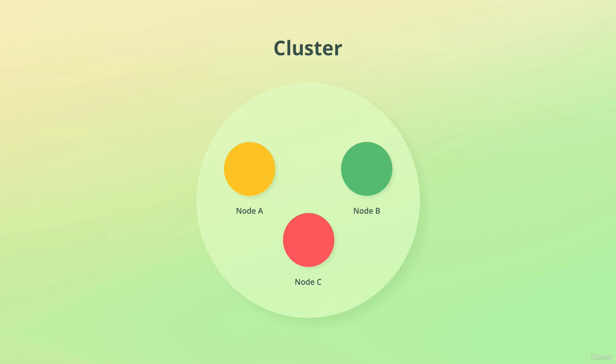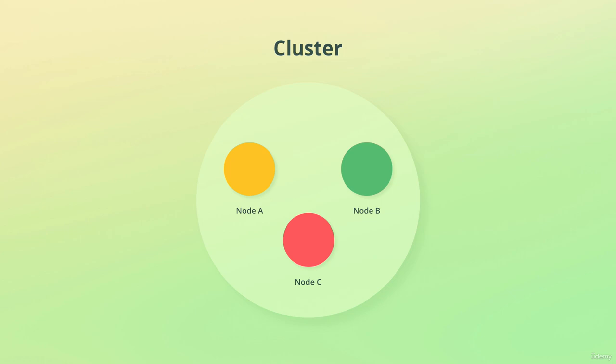The reasons for splitting things into multiple clusters are typically to separate things logically and to be able to configure things differently. That being said, one cluster is typically enough, so we'll be working with a single cluster throughout this course.